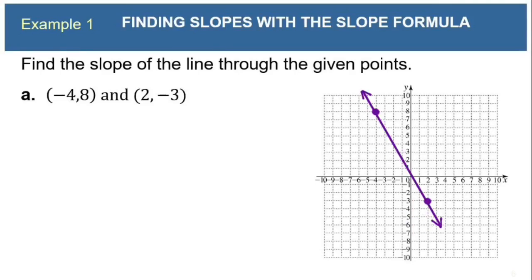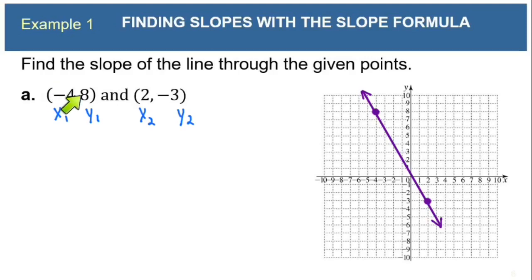Now notice this line is sloping downhill as we go from left to right. Anytime we talk about uphill or downhill, we'll always be thinking about going from left to right, the same direction that we read. So now let's go ahead and use our formula. So we're going to label our points x1, y1, and x2, y2.